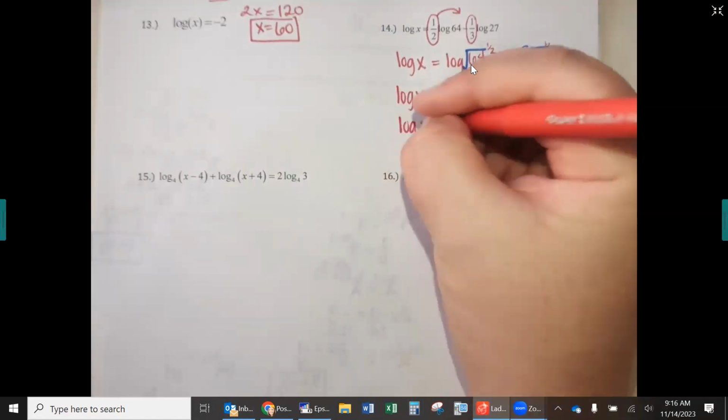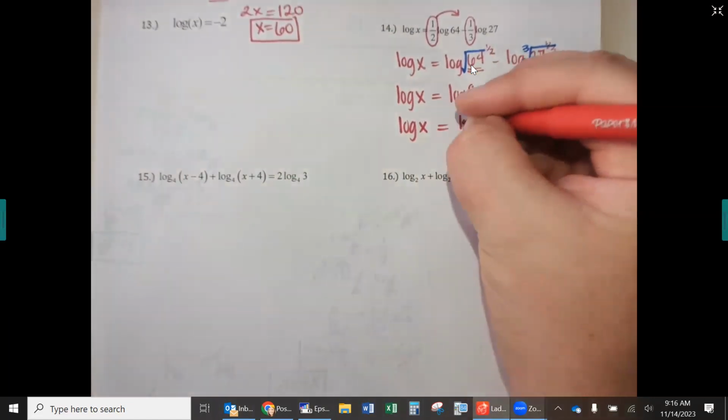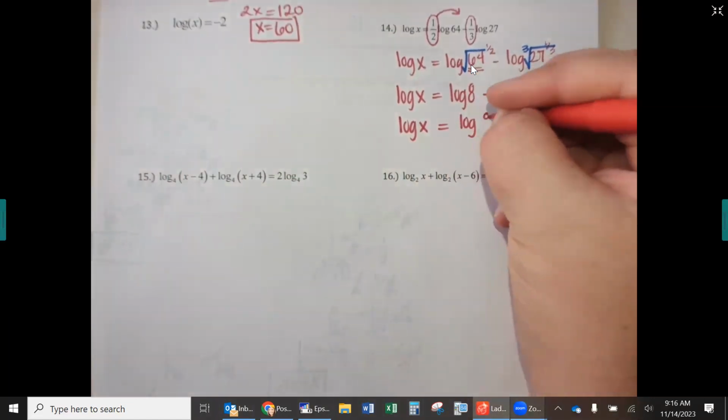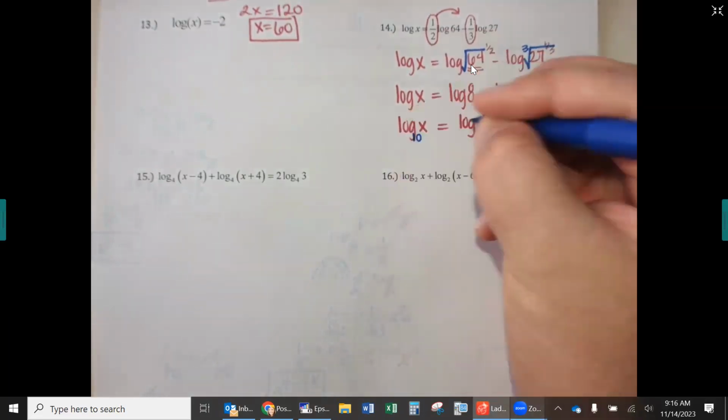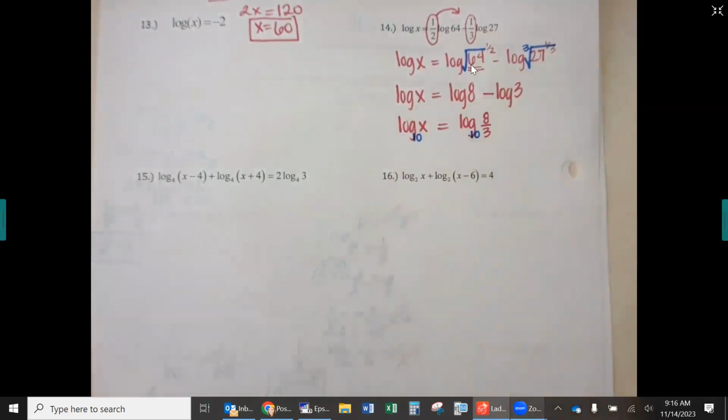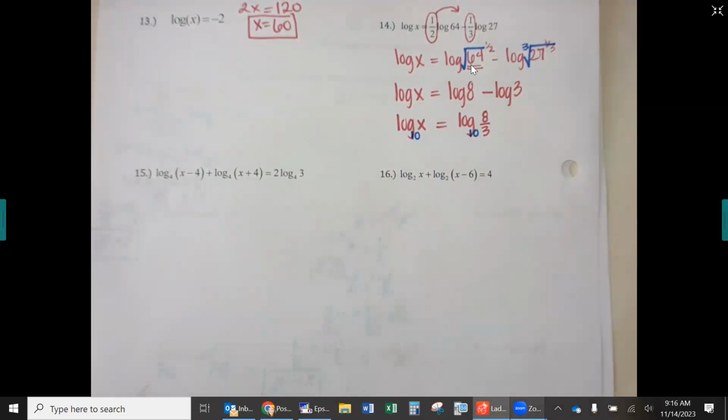So it'll be log x equals, 8 won't divide evenly by 3, so I'm just gonna put 8 over 3. And then from there, what's the base if it's not listed? 10. So I'm gonna put a little 10 here and a little 10 here. And then how do I get rid of a log little 10? What do I use on both sides?